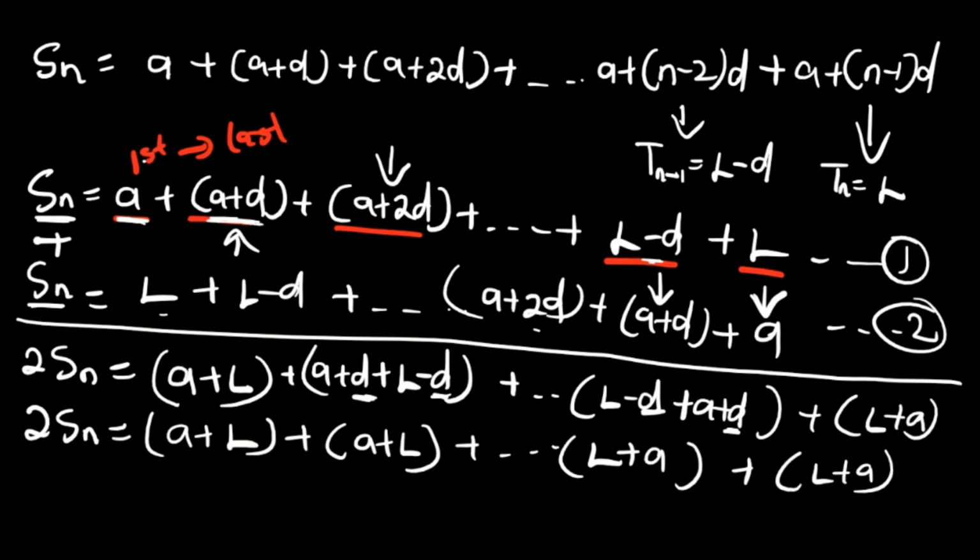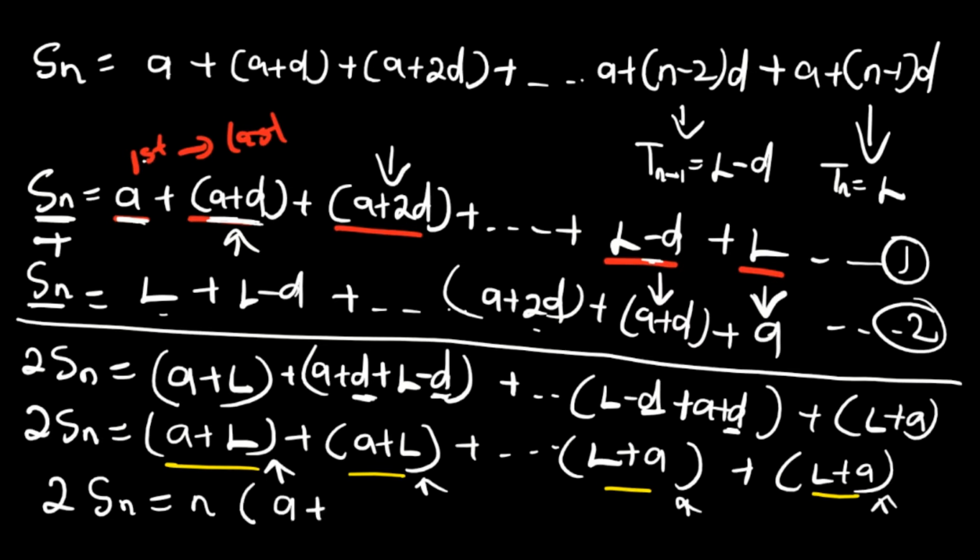So as we can see, these terms here are the same. So 2Sn is equal to, because you don't know how many terms there are, you're going to put n, a certain number of terms, multiplied by a plus L.